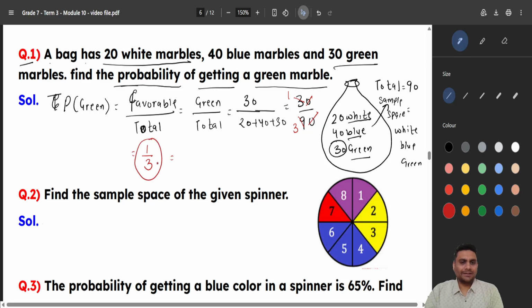If you want the answer in decimal, you can divide it. 1 divided by 3. The number inside is smaller than 3, right? So we will put a decimal in the answer. Do not leave the decimal alone. Put a 0 before it. 3 times 3 gives me 9, which is closest to 10 in the table of 3.